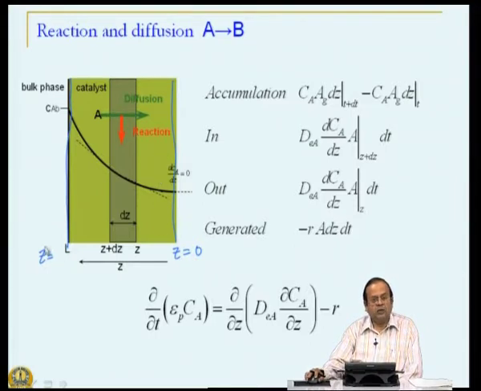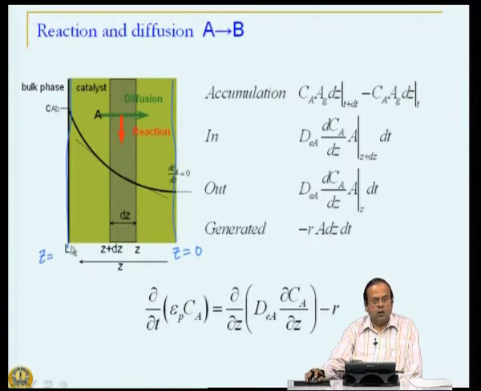Z is my axial coordinate. So, I look at what is happening between location Z and Z plus dz. Okay, what is happening during this small cross section. So, we will set up a mass balance on this cross section.